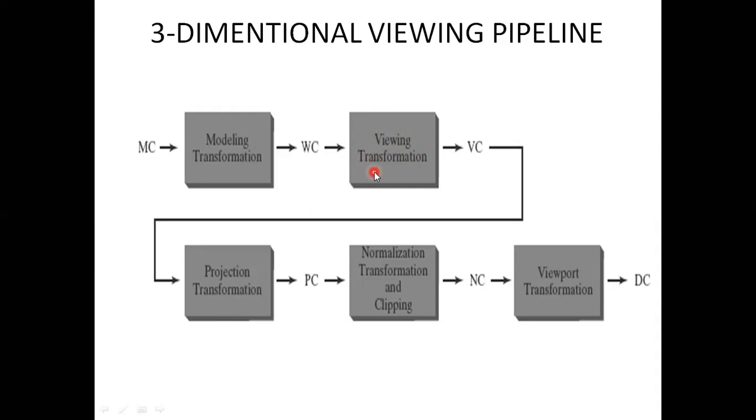Once all the objects are clearly visible, that means all the objects have been converted to correct viewing coordinates, such that in that coordinate system there is no shadowing of any object. One object may be very close to another, so that its shadow may fall on the other object and that object may not be visible.